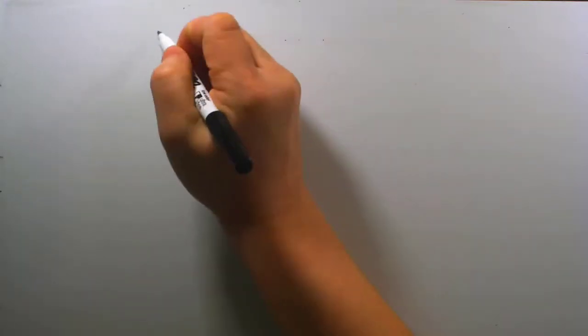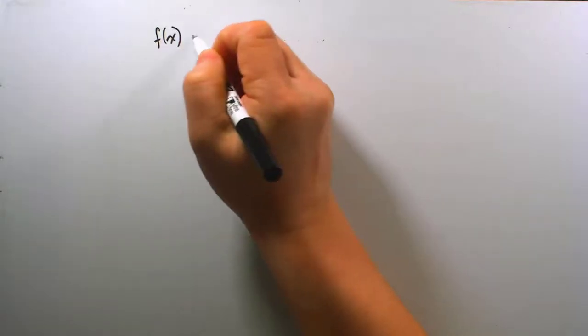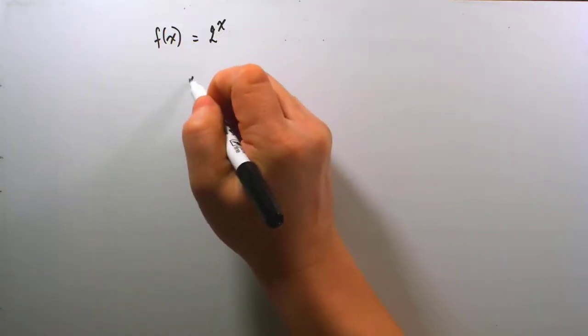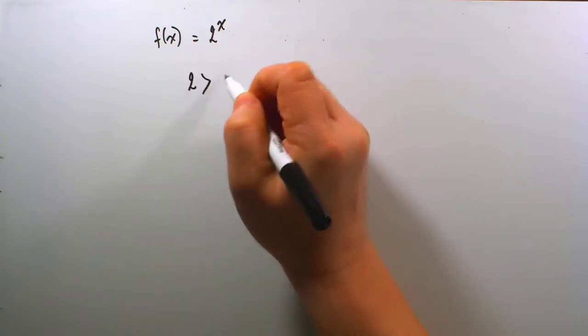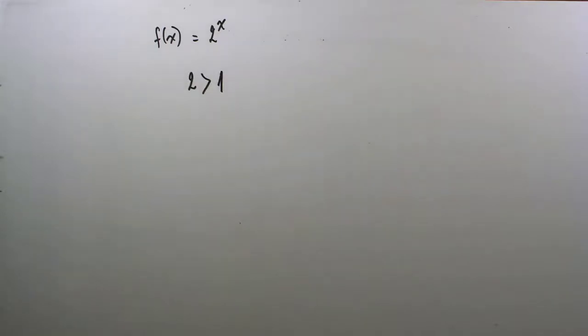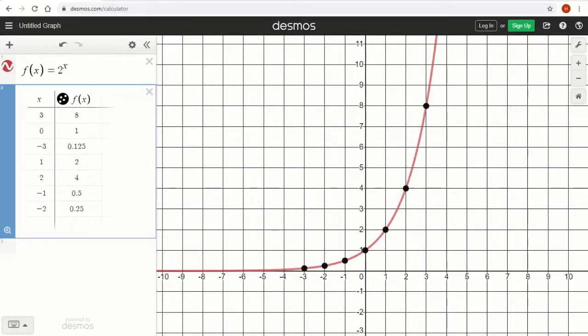So for our function f of x equals 2 to the x, our base here is a value that is greater than 1. And so again, notice how the shape of our current function is the shape that's currently rising as a one-way bent curve, but rising from the left to the right.